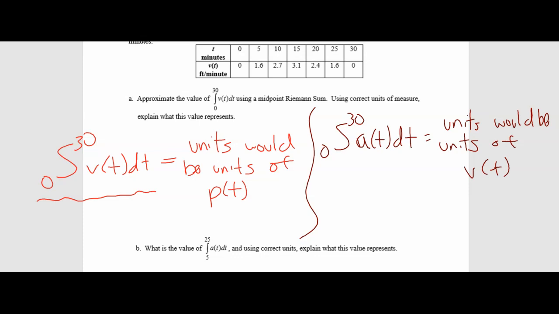So it may be easy for you to think about units for particle motion because we have become quite familiar with position, velocity, and acceleration. But when we get into other problems where maybe we're dealing with temperature or money, just think about, okay, my answer to an integral, if I'm dealing with a word problem, my units for that answer are going to be the units of the antiderivative.